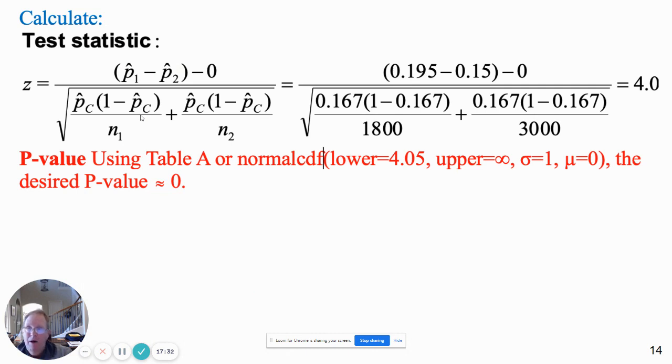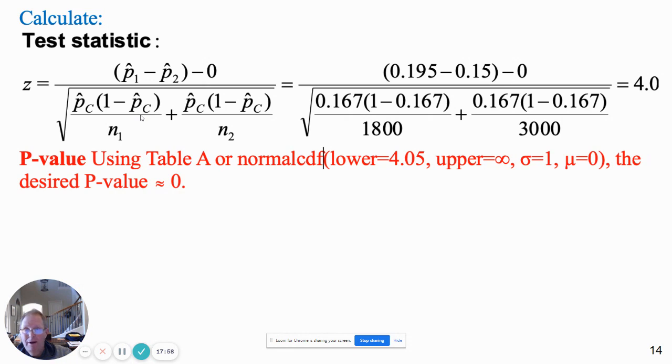Okay. Now we want to calculate our Z statistic. On the left-hand side, I gave you the formula for it, and you do not have to write out the formula with symbols, but what you must do is write out the formula with the numbers from the problem in it. So my p hat 1 was 0.195, and my p hat 2 was 0.15.